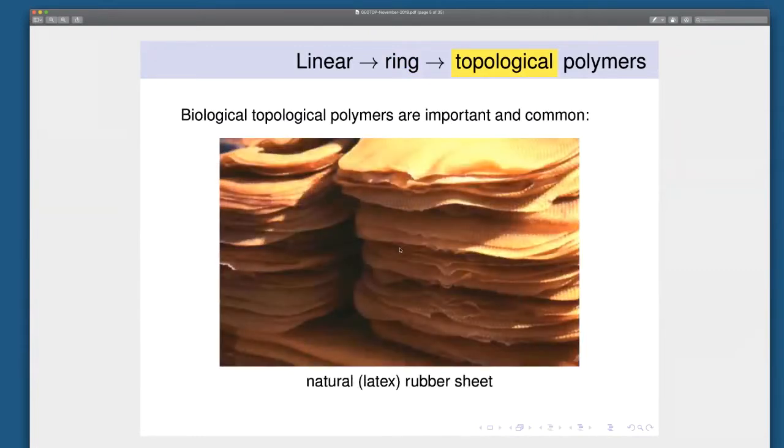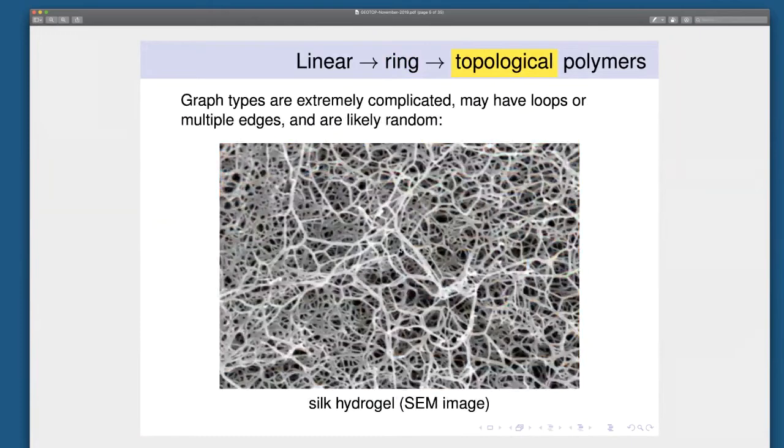So topological polymers happen all the time. This is rubber, which is a network polymer where there are lots of junctions. This is a hydrogel, but it gives an impression of what the network is thought to be like.